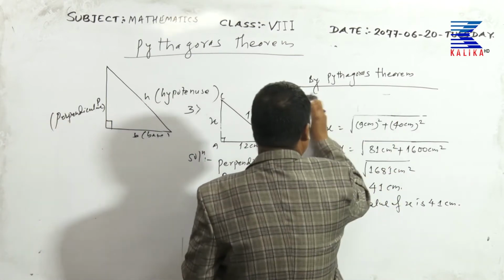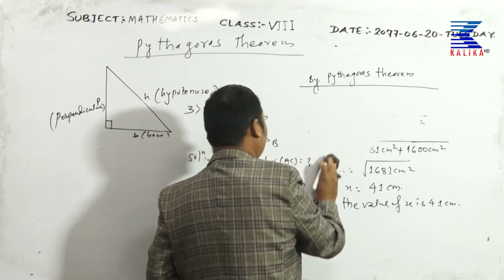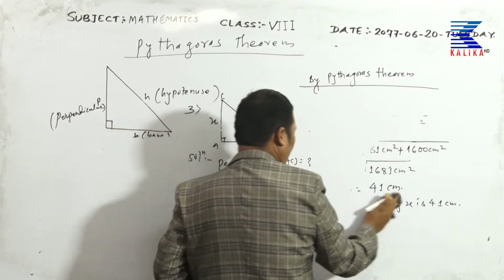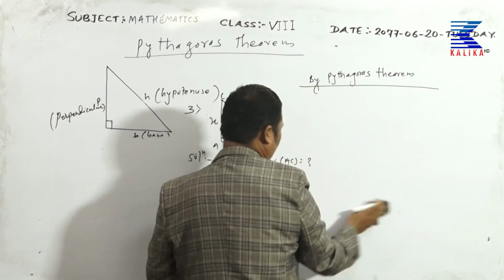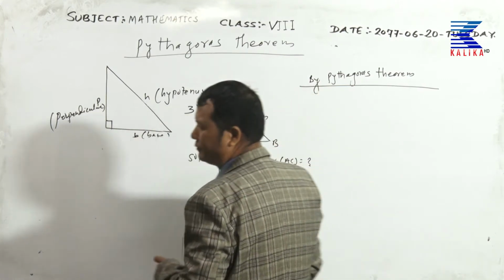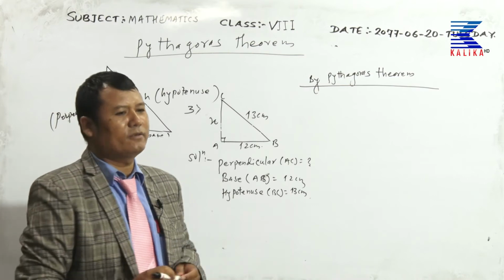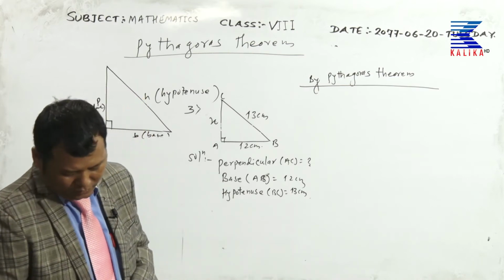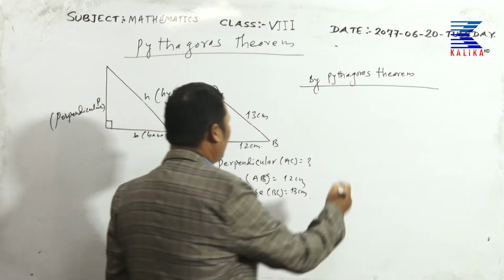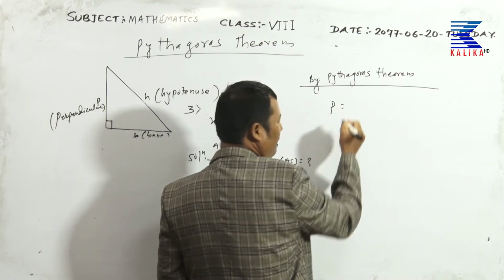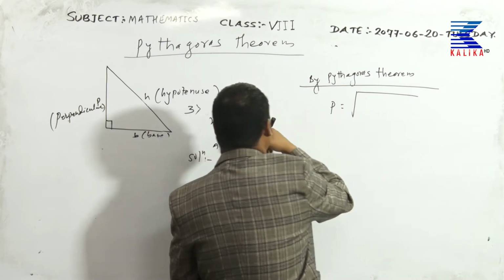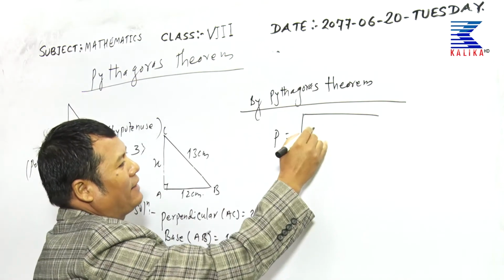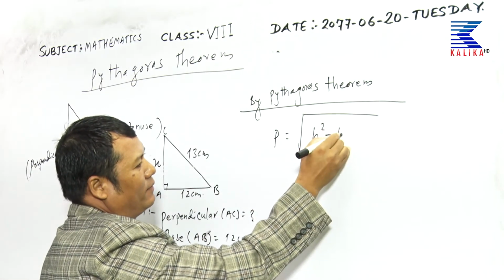By the Pythagoras theorem, the perpendicular is the unknown term here. So p is equal to the square root of h square minus b square.